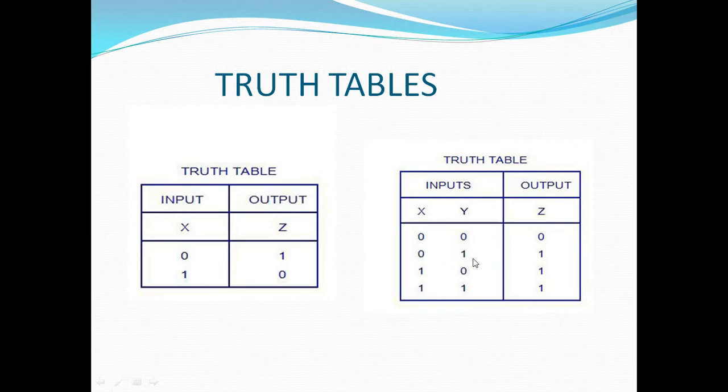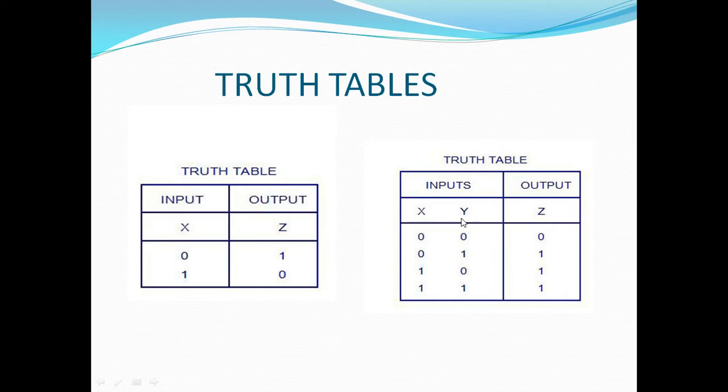This is the first, second, third, and fourth combination, and for these combinations, we have their output. If the first input x is 0 and the other input y is 0, the output will also be 0. If the first input is 0 and the other input is 1, the output is 1. So for these possible combinations, these are the required outputs.